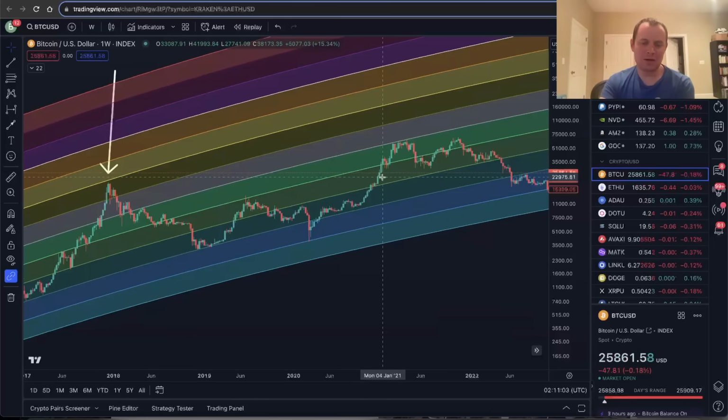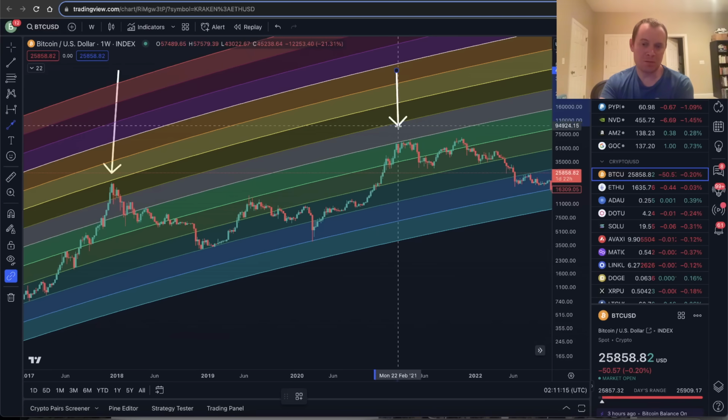But then when April of 2021 came, this was where the risk metric models that I have were screaming, this was the highest risk band. So I sold back then, I actually sold most of my Bitcoin into that rally. Now I accumulated more here, and I thought we would go up a little bit higher over here. It did, but we didn't.